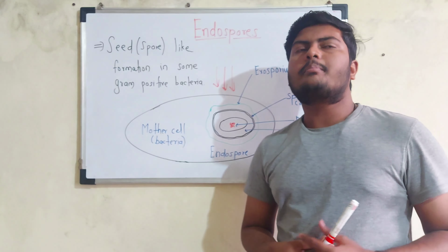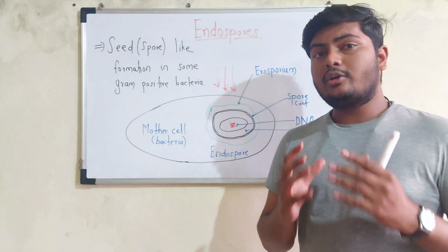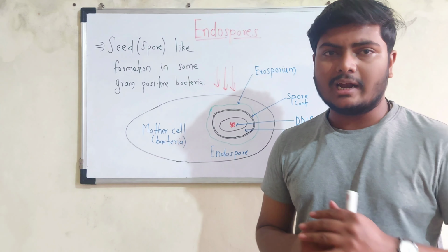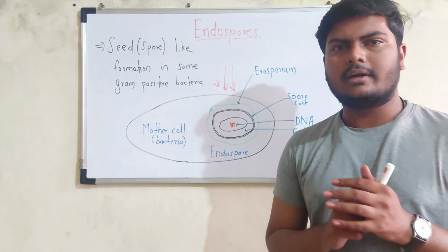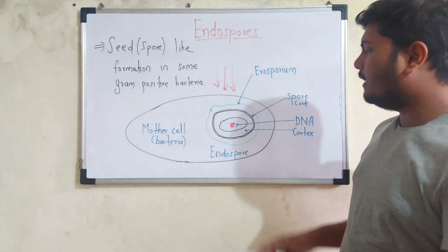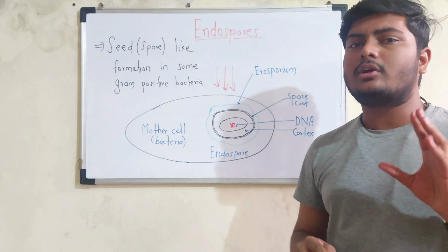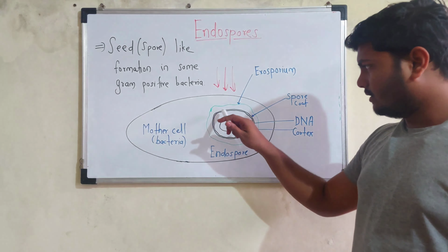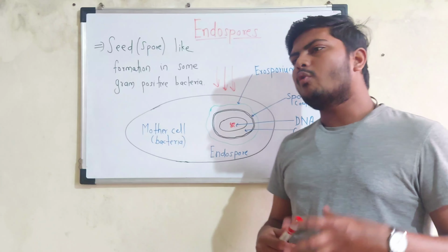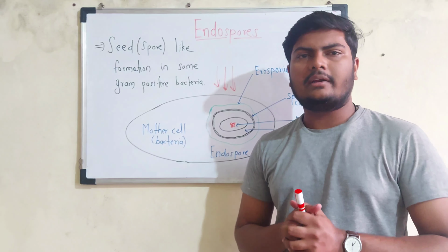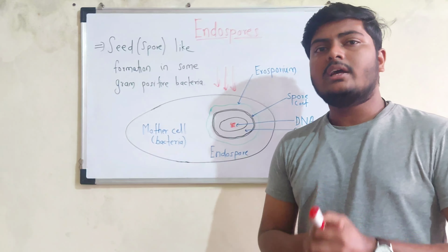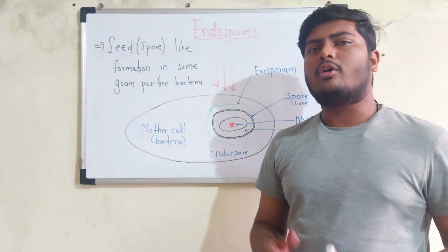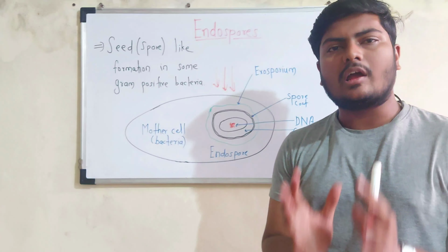The main, important function of an endospore is to protect the genome, the genetic material of that bacteria. Why do they protect the genetic material? In extreme conditions not suitable for the bacteria, the bacteria will produce this endospore structure. When optimal conditions are produced again, this endospore will transform back into the vegetative live cell, the normal bacterial cell.